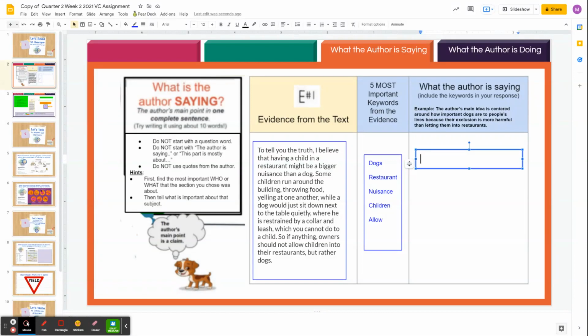So for this section, our author saying might look like this: dogs in restaurants, notice I'm pulling from that column, are not a nuisance because they, and I'm coming back to this text, they can be restrained by a collar.